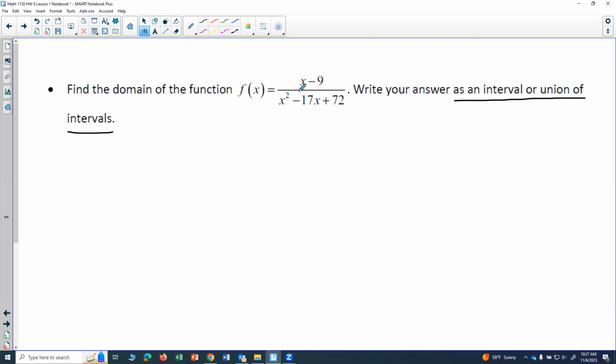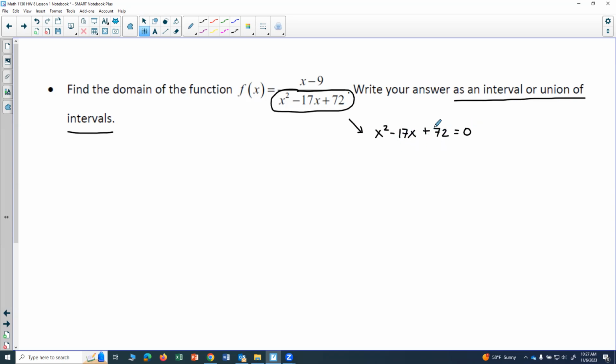So what I'm going to do, just like before, I focus on the denominator. And I want to set that equal to 0. So I'll have x squared minus 17x plus 72 equals 0. And I want to go ahead and factor this so that I can solve.